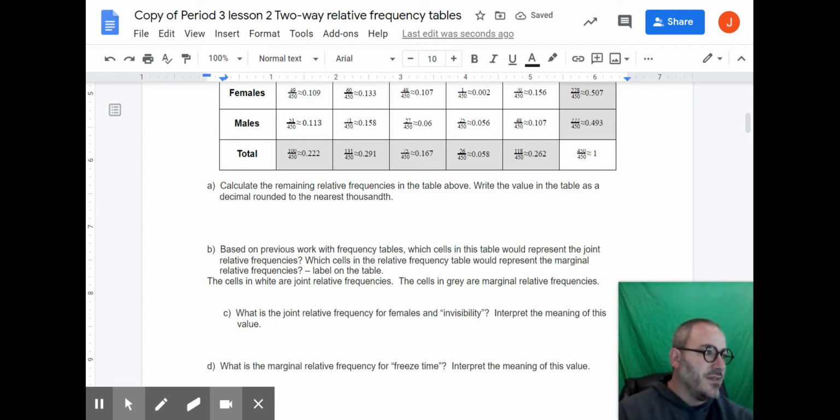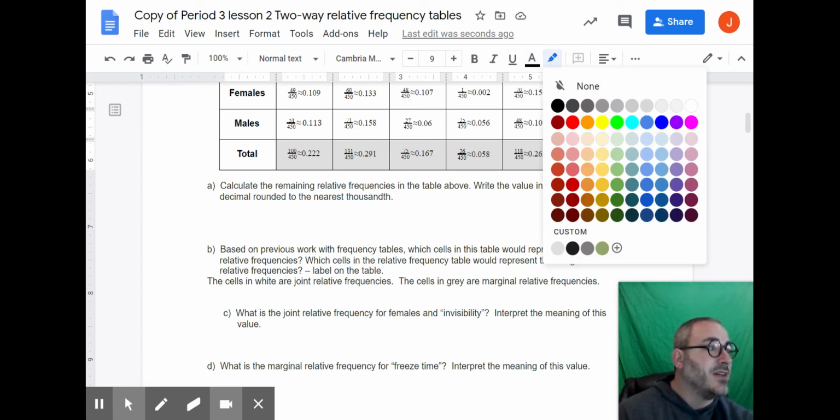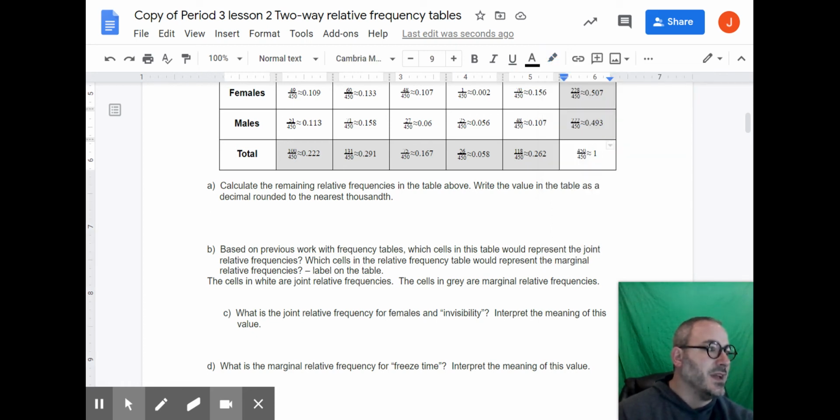And so really, now what I've said is true. I only need to change this cell right here because this cell is still white, and so I need to somehow change the cell color. I want to change the cell color because this is really a marginal frequency.